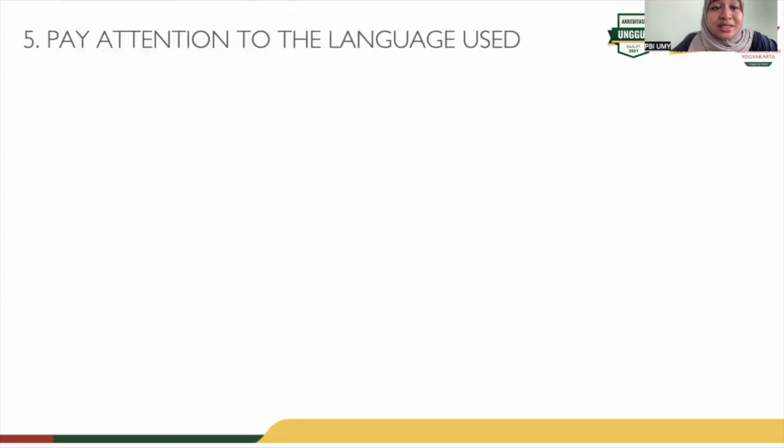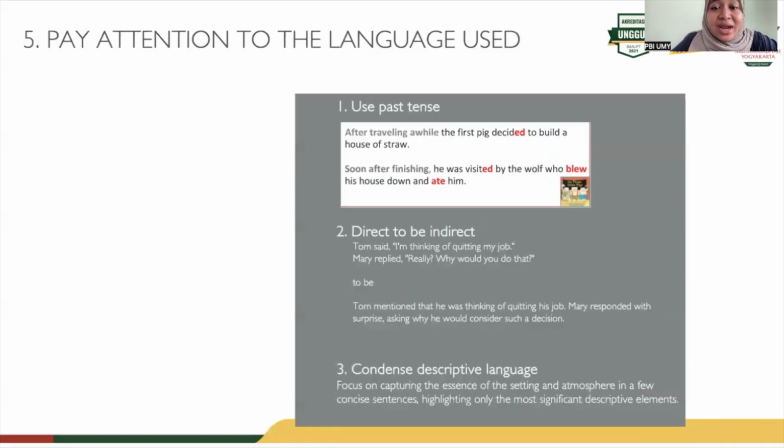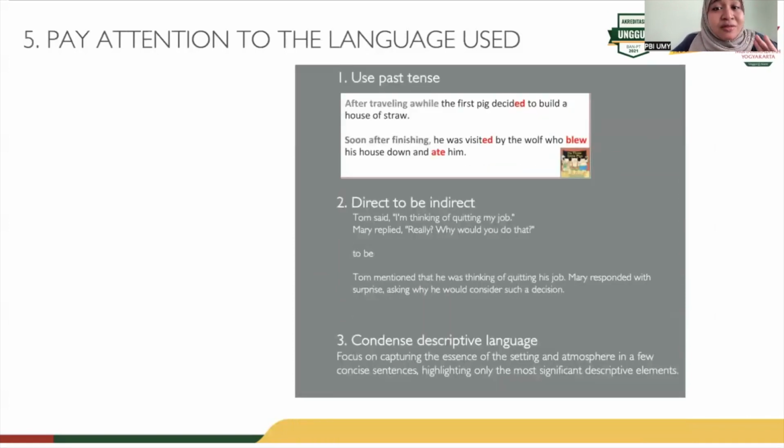The last one, pay attention to the language used. There are three points of language that you need to consider. The first one is, what tense do you need to use here? Since a story is presented in a past tense, so we use past tense.